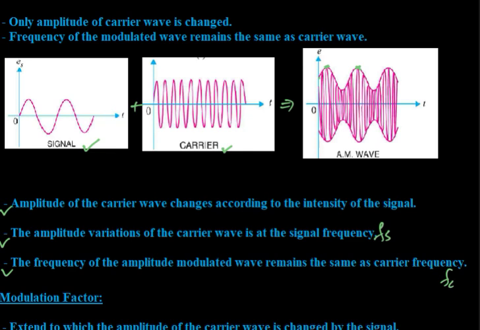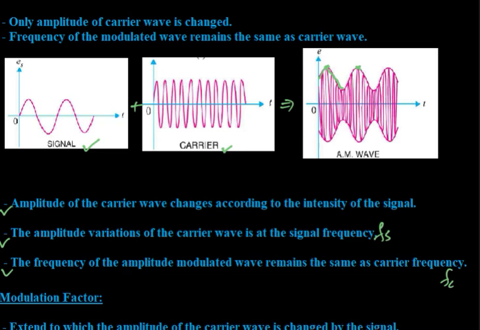One is the amplitude of the carrier wave changes according to the intensity of the signal. So you can see that if this is the amplitude of the signal wave and this is the variation in the changes in carrier amplitude, so the amplitude of the carrier wave changes according to the intensity of the signal.